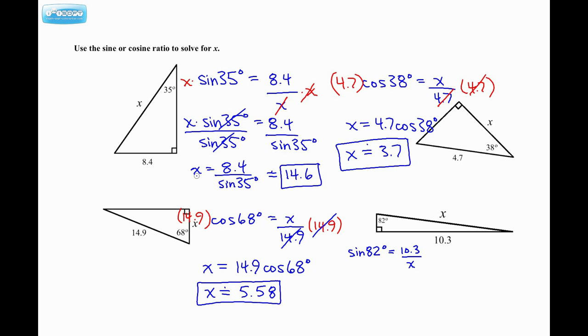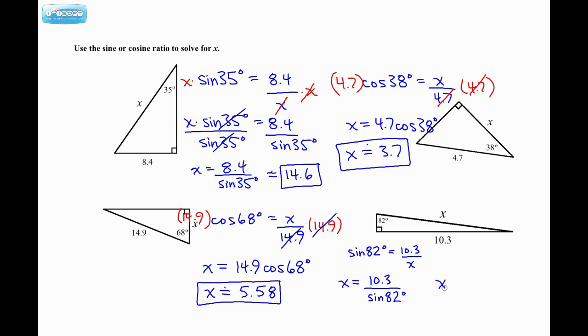All I ended up doing is effectively the sine of 82 and x just need to switch places, because that's really what happened the first time here. So if you're not sure how I'm able to jump from this step to this step, don't worry about it. Go back to doing the algebra step by step and you will get this same result.